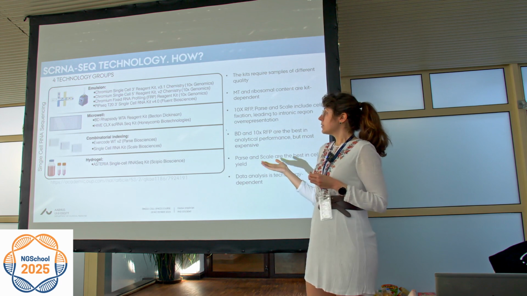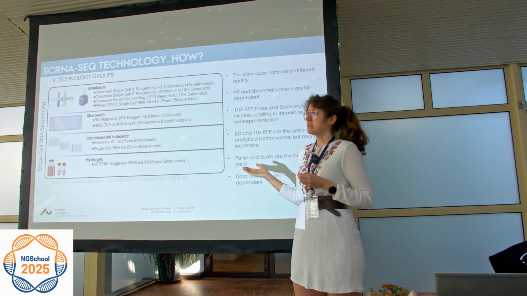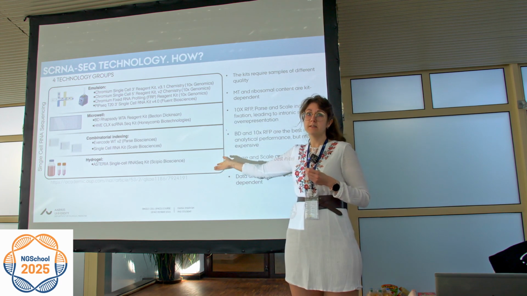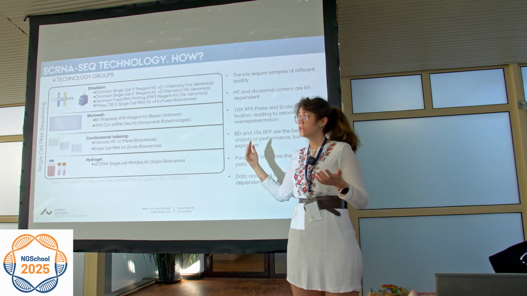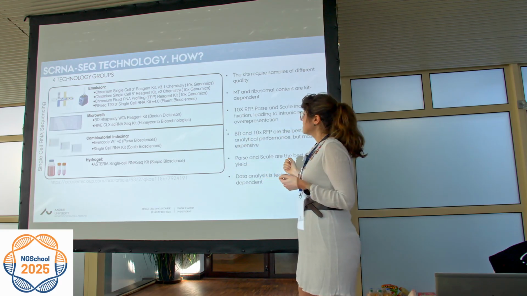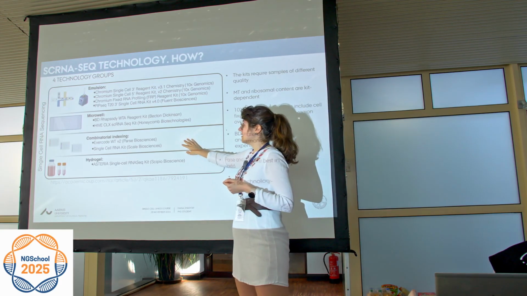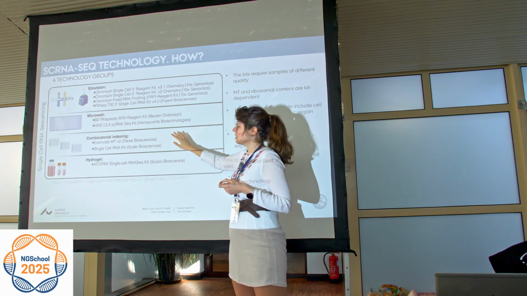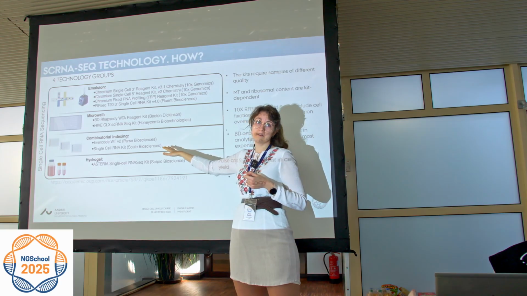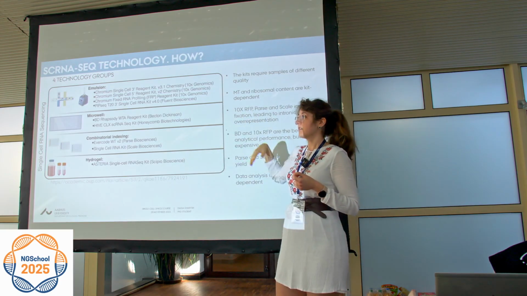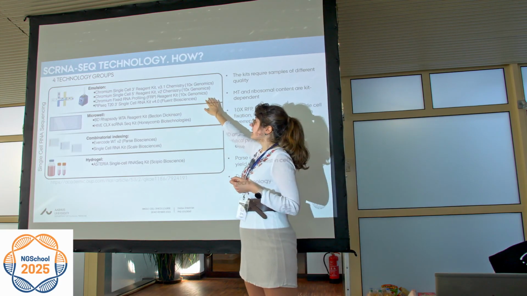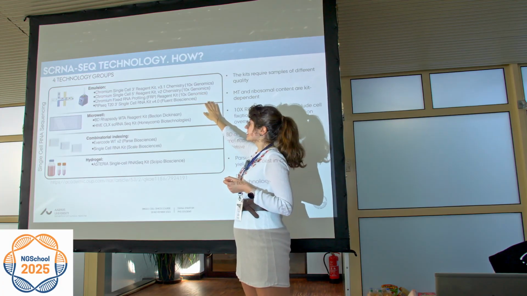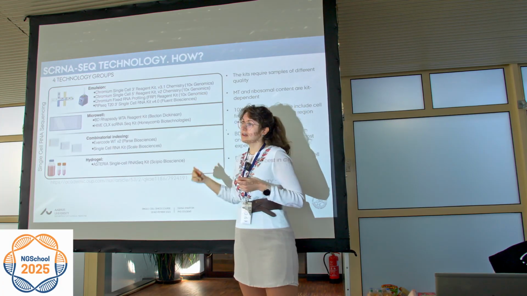And there was benchmarking to try to understand which of these technologies is better and which you should choose, and when. Basically, combinatorial indexing is pretty good, but you have a high number of cells that are poorly sequenced, with low depth. And this one allows you to sequence with a low error rate, but then the cost is higher.